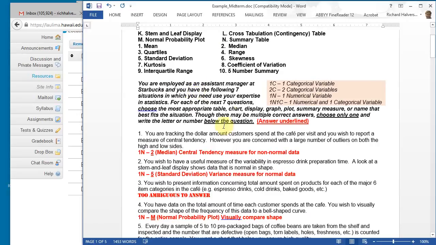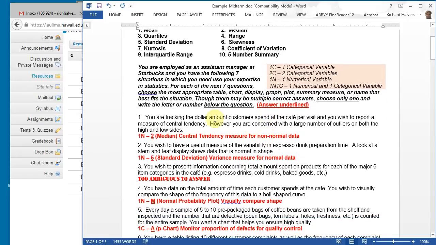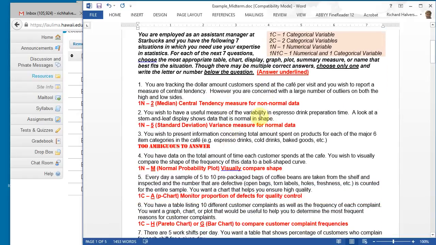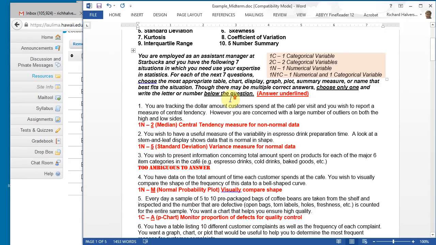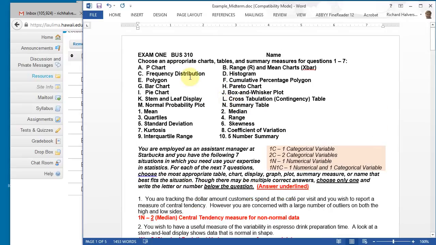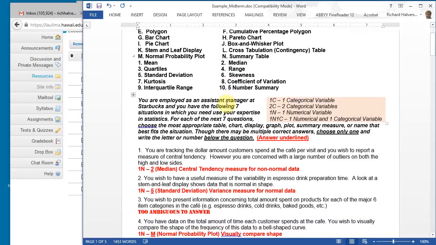Okay, the first set of problems here, you recall, are where you're given a scenario, and you're the assistant manager of Starbucks, and you've got some questions here. You want to display some information, and you're supposed to say what chart, table, or measure you would use for each one of these.